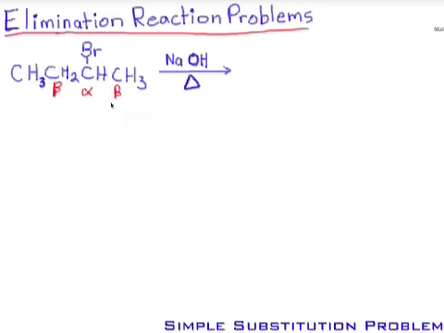All right? Now the point is, I can pull an H off any of the beta carbons as long as they can get anti to the bromine. So removal of beta hydrogens is prerequisite to forming the double bond. The hydroxide will come in, pull an H off, and I can draw the possible products. So if I pull an H off the beta CH3, I will get this molecule.